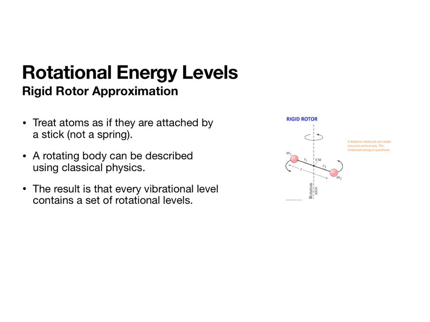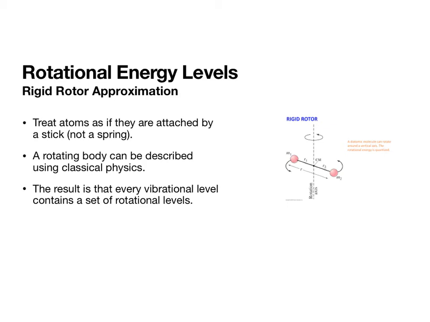Okay, so we made it through electronic, vibrational, now rotational. And so this is energy that is stored in these molecules as they spin. And how we do this is we treat the atoms as if they're attached by a stick, not a spring.